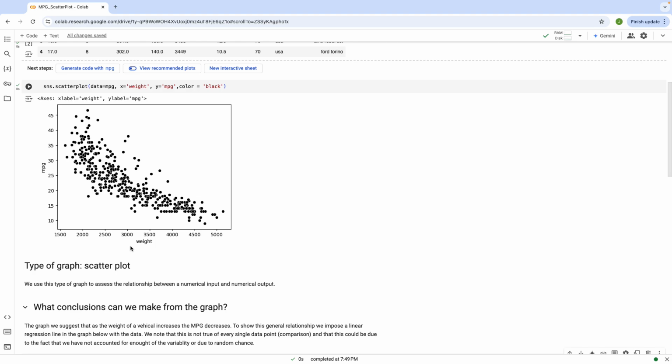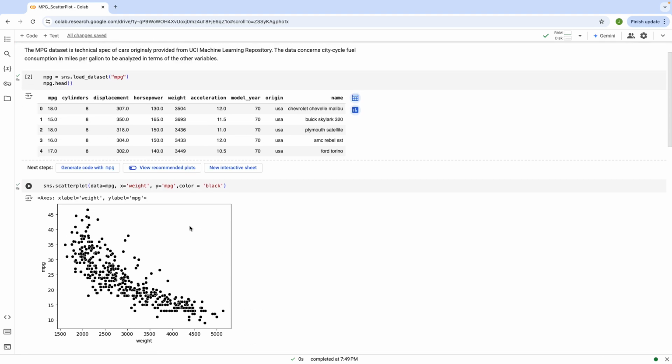One other side note, just in terms of the comparisons: I said this comparison of a low weight to a high weight, we did not see a decrease in miles per gallon. That could be due to the fact that there are other variables that affect the outcome that aren't captured in this graph.